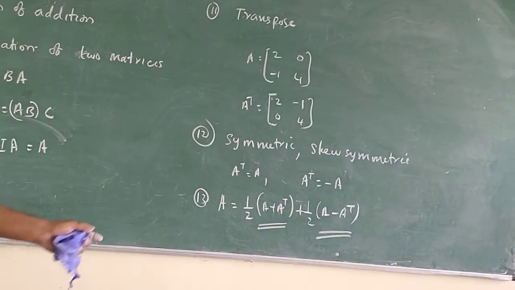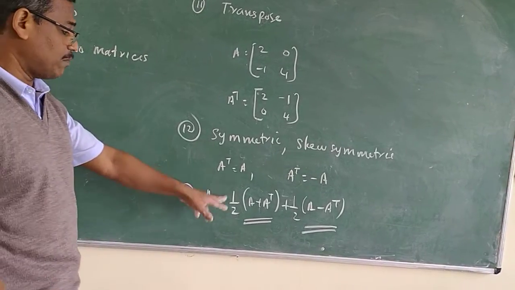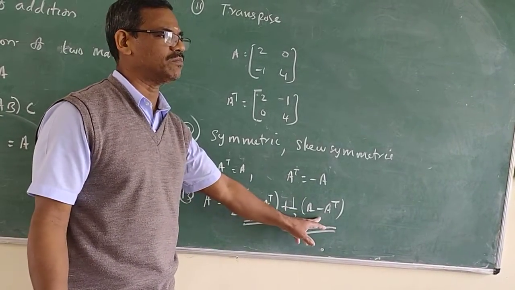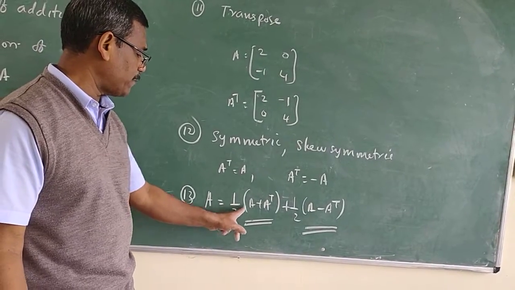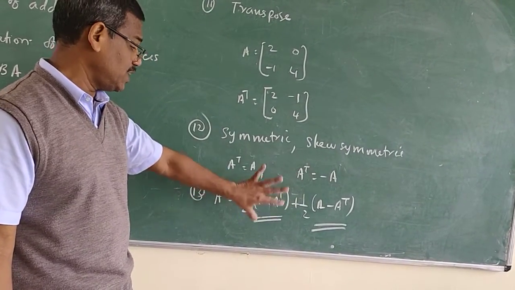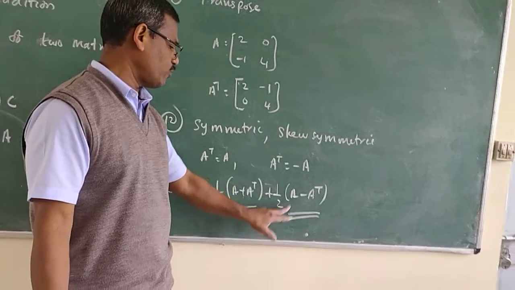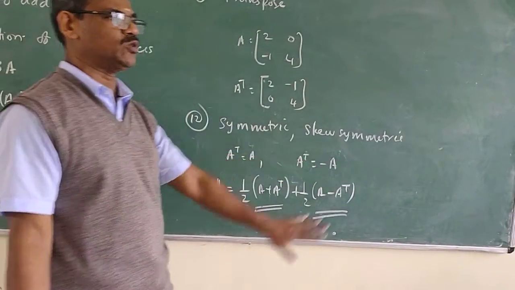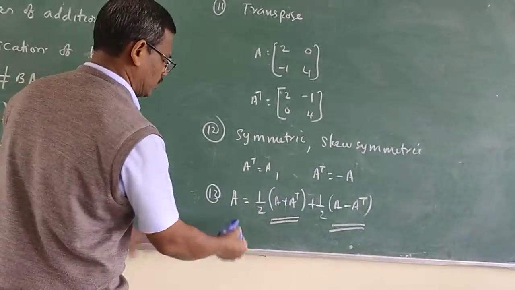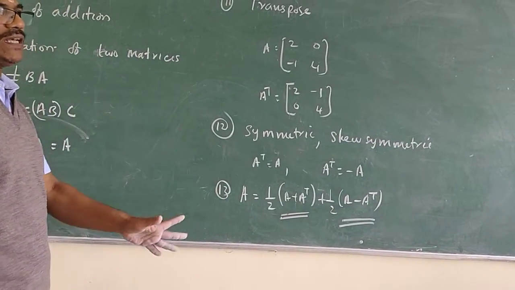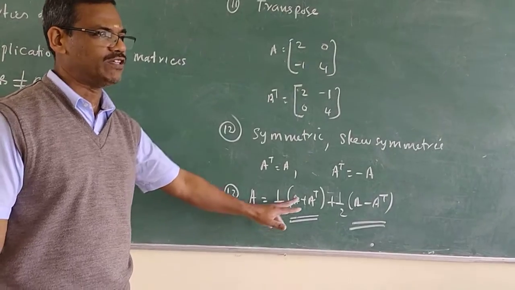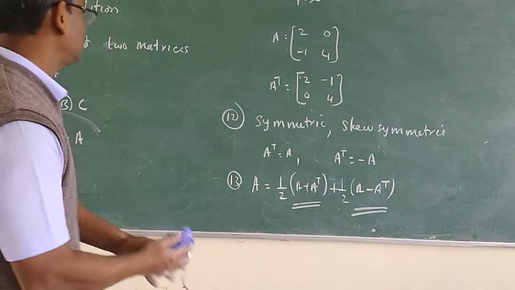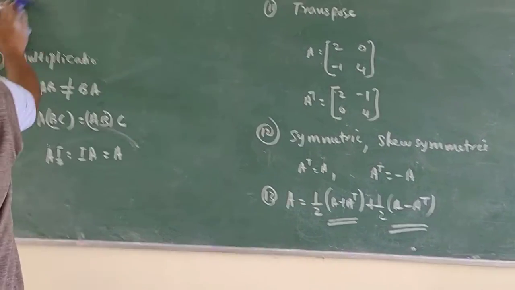When you put them together, you will get A. So a question may be asked from that area: represent a square matrix as a sum of a symmetric and a skew symmetric matrix.